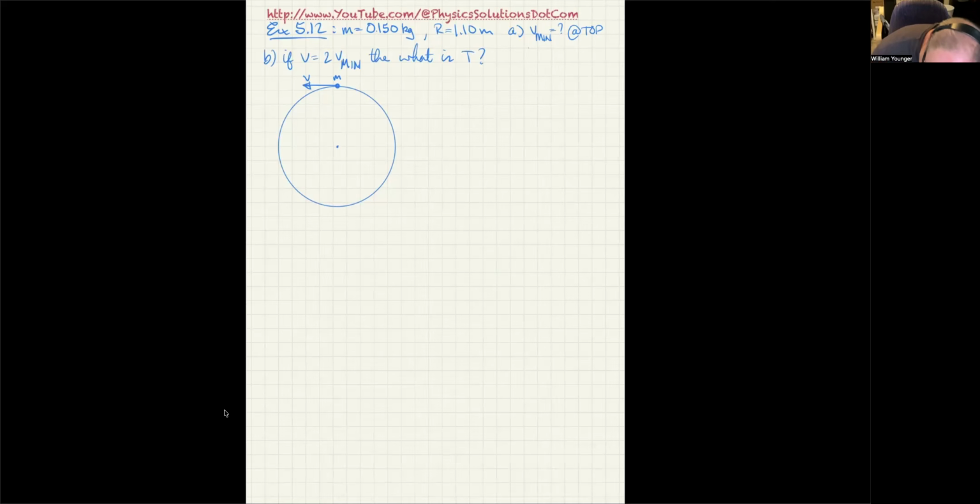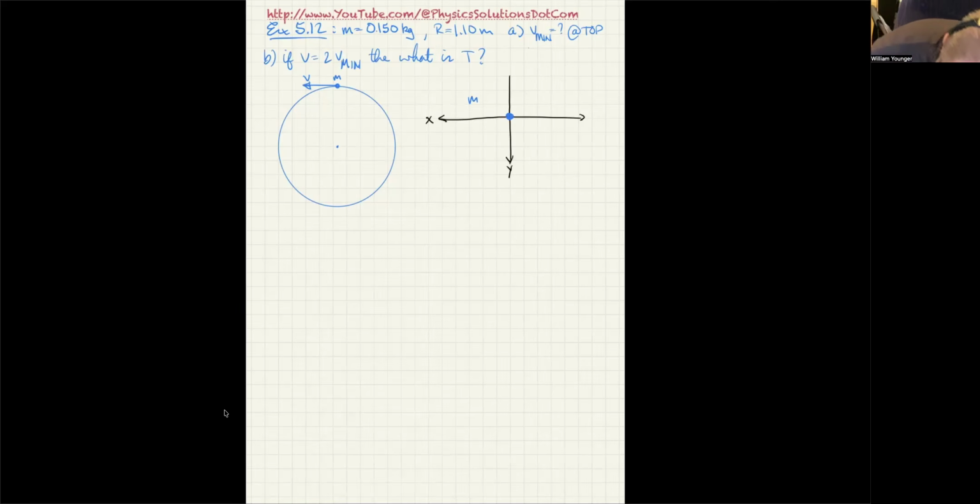To explain that, let me draw a free body diagram at the instant at the top of that. In this case, I'm going to say the x direction is this way. And actually, I'm going to say the positive y direction is down, and you'll see why in a second. But here's the ball of mass m right here.